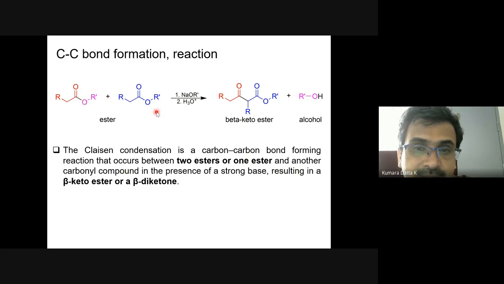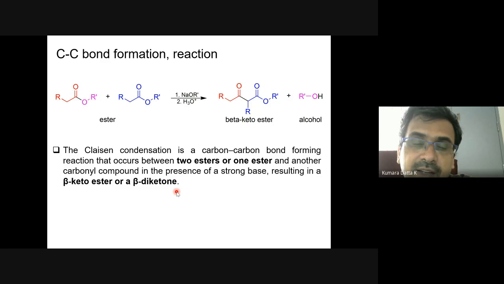We take two esters and form a CC bond in the presence of a strong base like alkoxides, where we get beta keto esters or beta diketones. You have two ketone groups. So this is Claisen condensation.